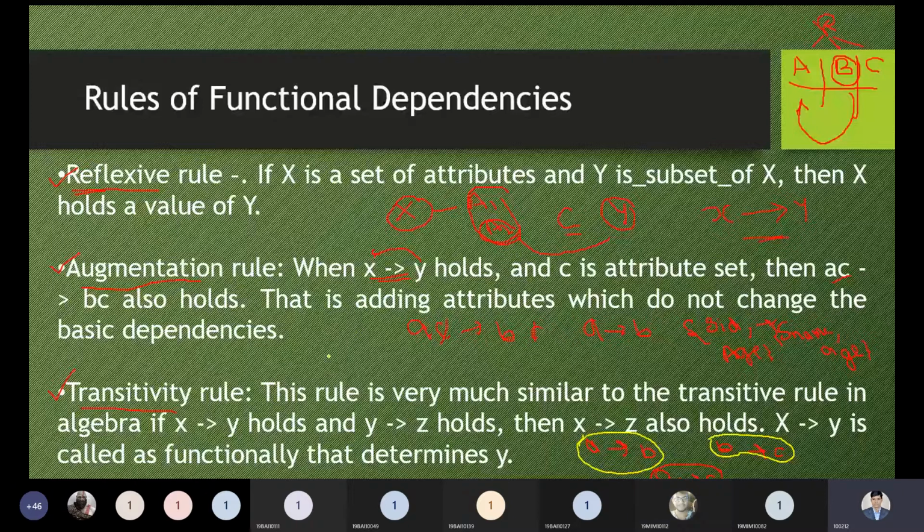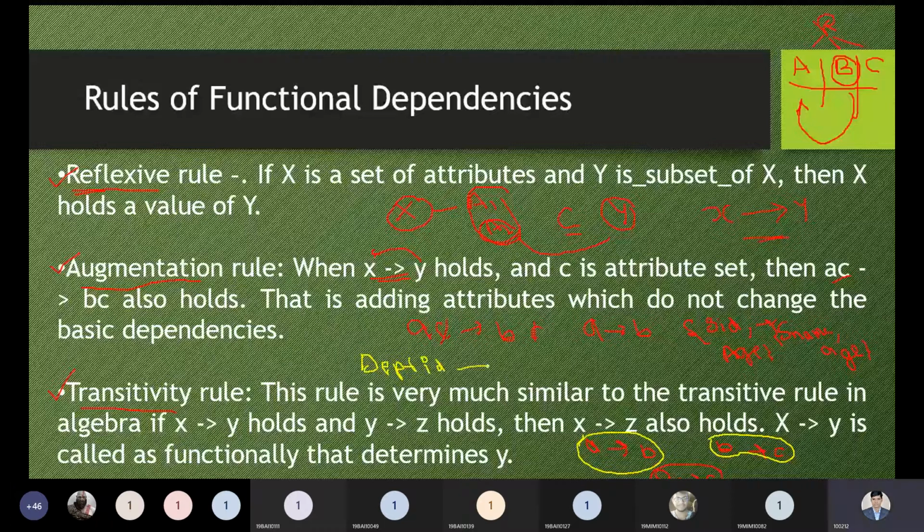Suppose we have a functional dependency. I'm taking a simple example so you can understand. In a department table, department ID determines department name.